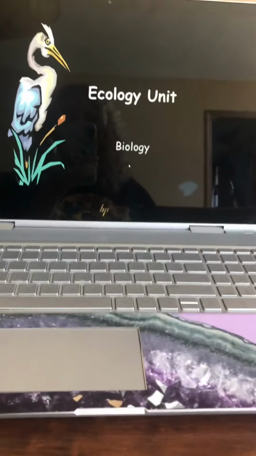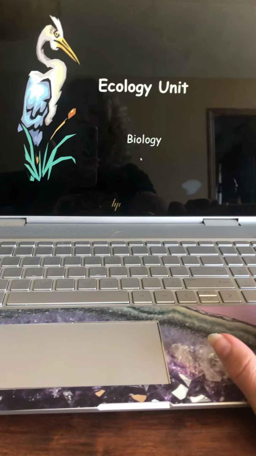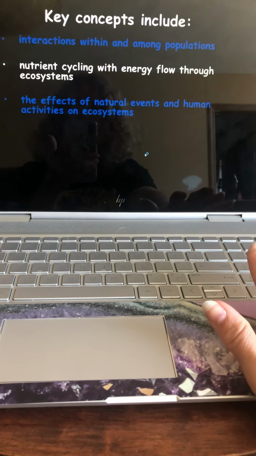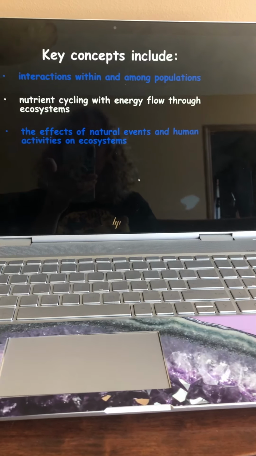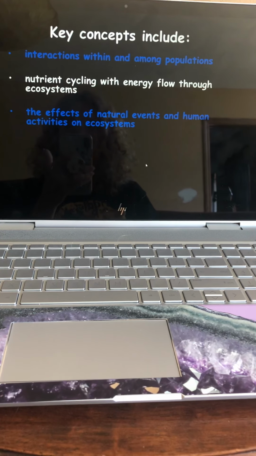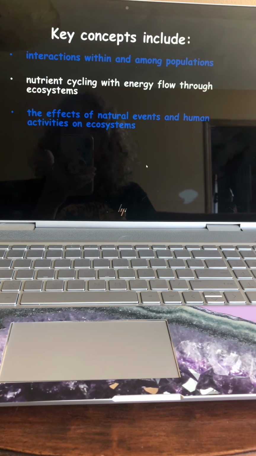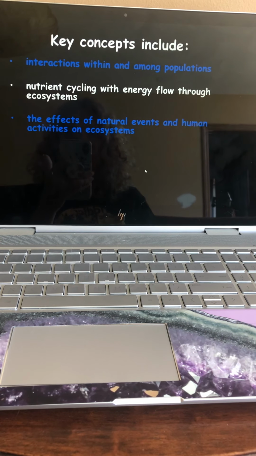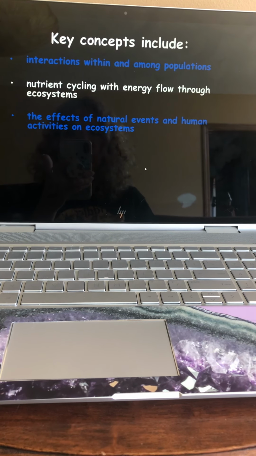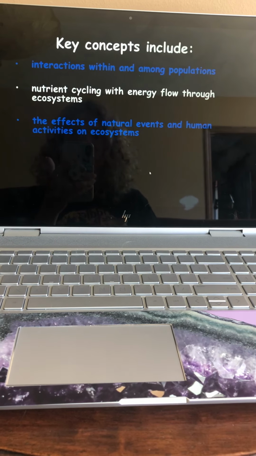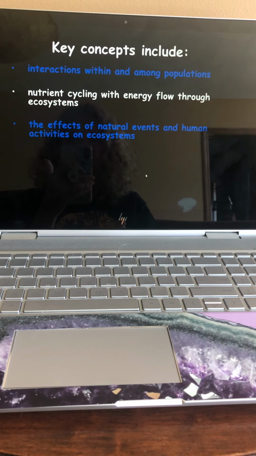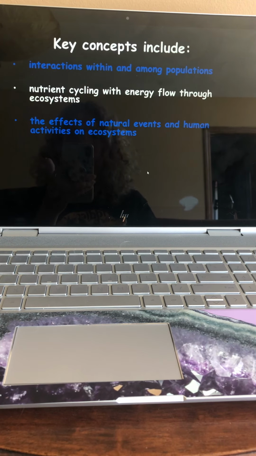Okay, and as we move over here, let's go to this little setup, and we're going to start with the first thing, which is, what do we want to sort of get out of this? What are some of the key concepts? Well, one is the interactions within and among populations. The next one is the nitrogen cycling with energy flow through the ecosystems.